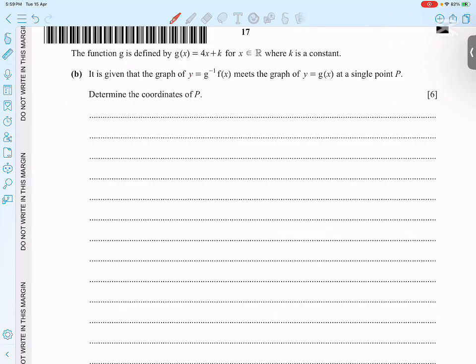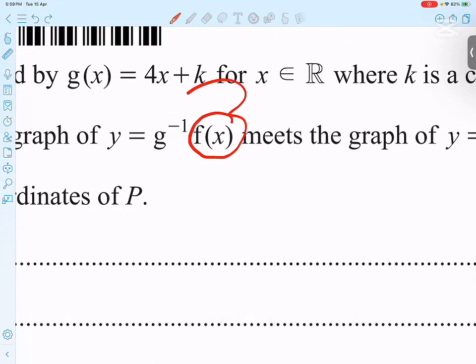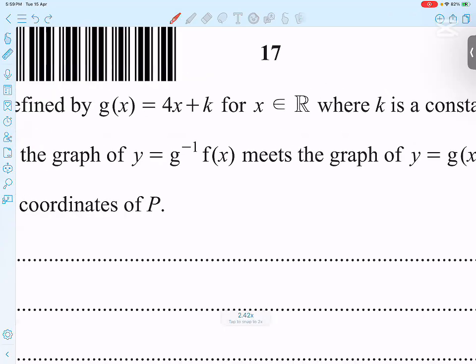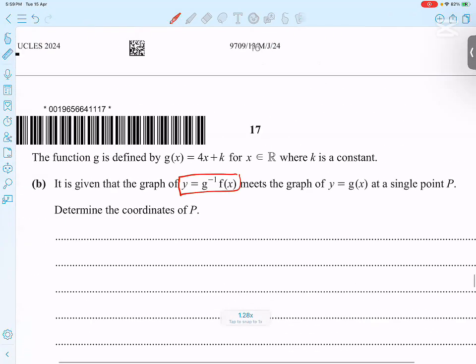We have given here g, and the domain belongs to the real numbers. And what is the graph? If you look carefully, f of x is put into g inverse of x. He is saying the graph of this curve meets this curve at a single point.